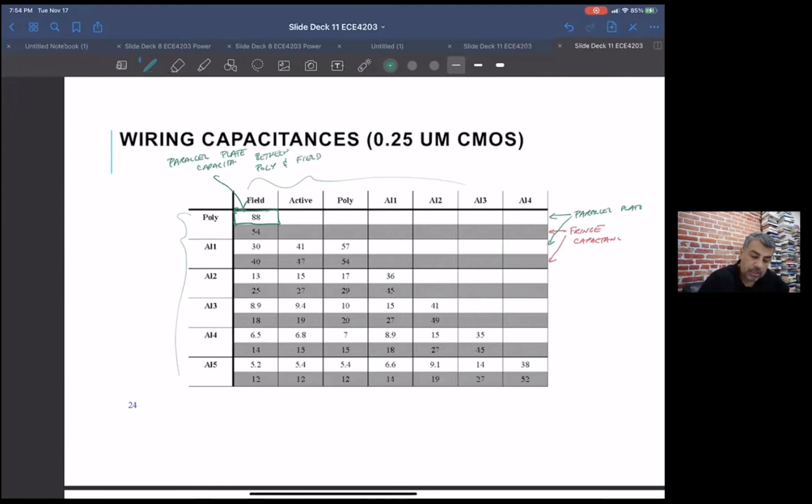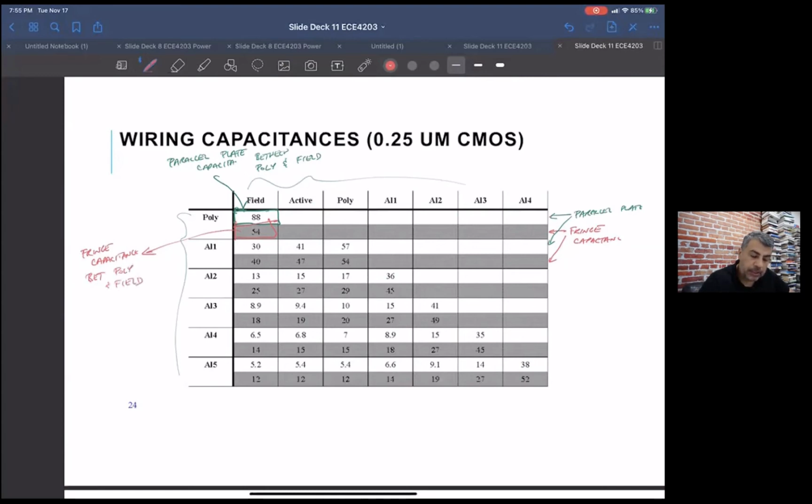Okay, and this guy here is the fringe capacitance between poly and field.